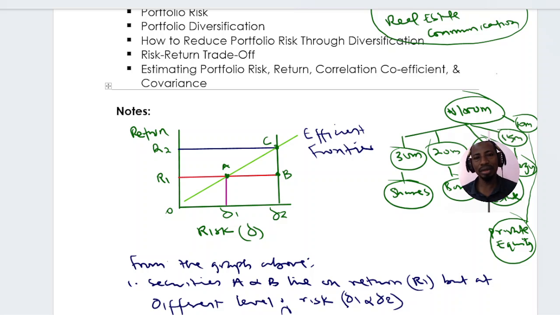So that is the essence of portfolio diversification. The bottom line is that do not put all your eggs in one basket.